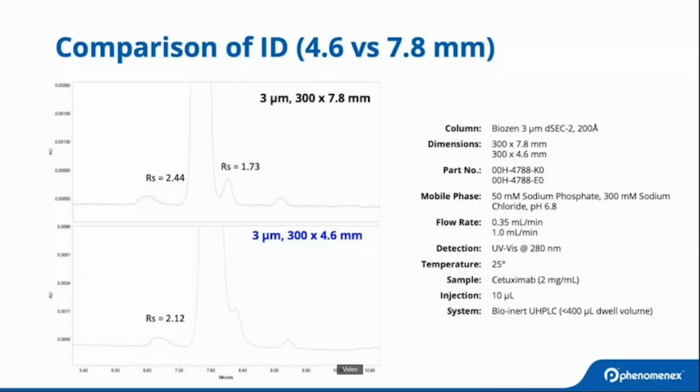If you were to choose the 4.6 mm ID, even using a relatively low system dwell volume, there is still a considerable drop in performance compared to a 7.8 mm ID. The 400 microliter system dwell volume is around 2.7% of the total column volume of a 300 by 7.8, but for a 4.6 mm ID column of the same length, it's around 8%.